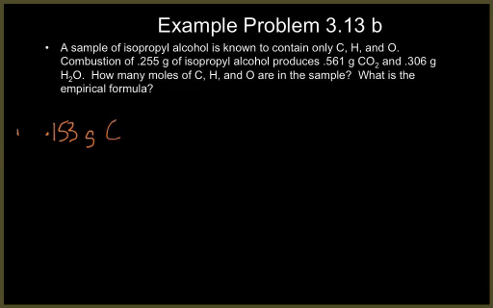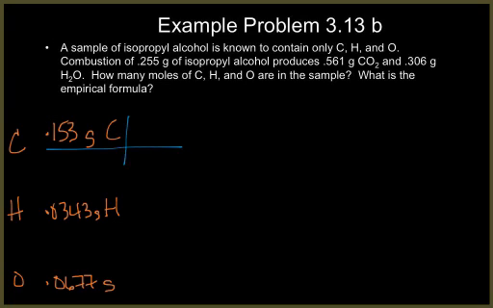So this is my carbon. And then my hydrogen was 0.0343 grams. And then my oxygen was 0.0677 grams. Okay, now I'm back to just a straight empirical formula problem.